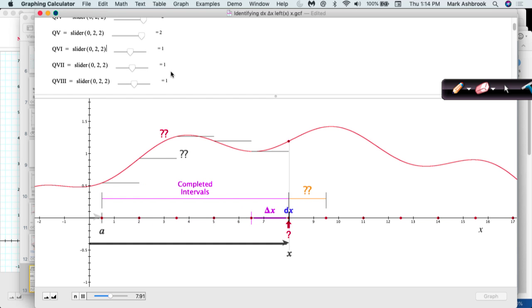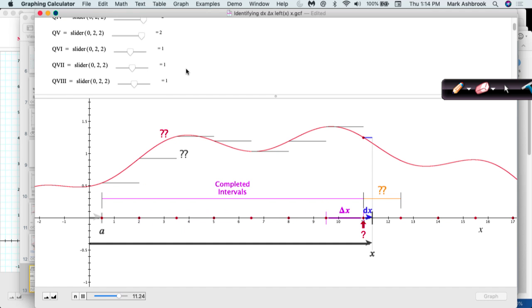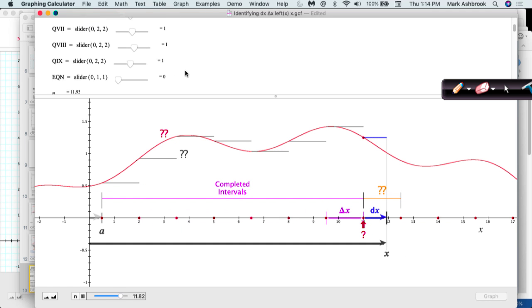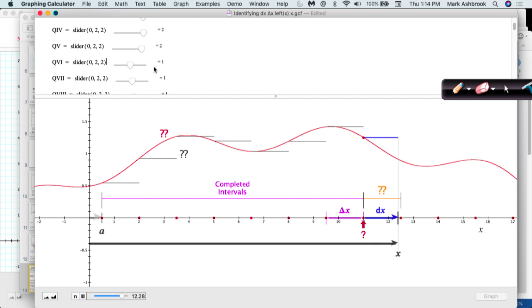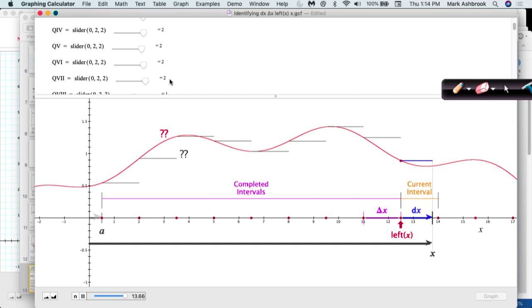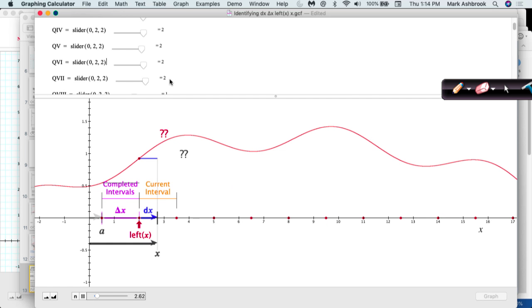This is going to have x coordinates like x. So it's the x value at the beginning of the current interval, and that's called left x. We'll talk about that next time. That's left x. All right, what about the double red question mark?